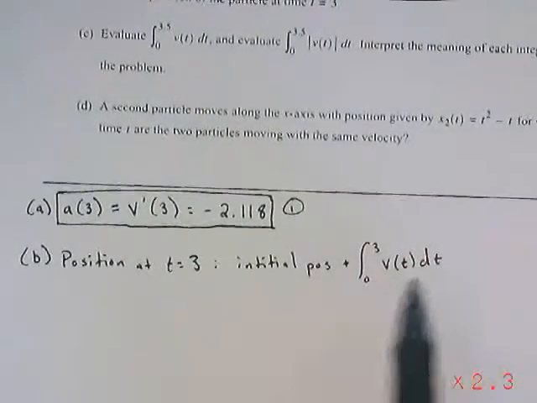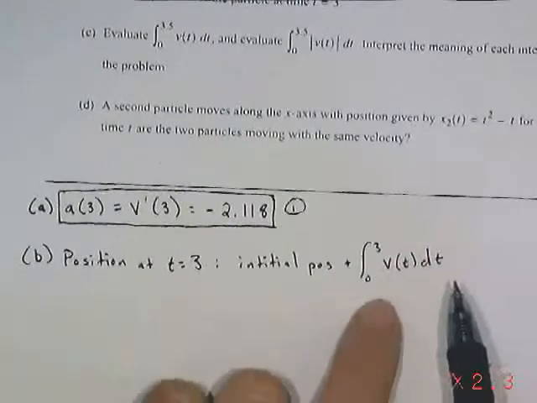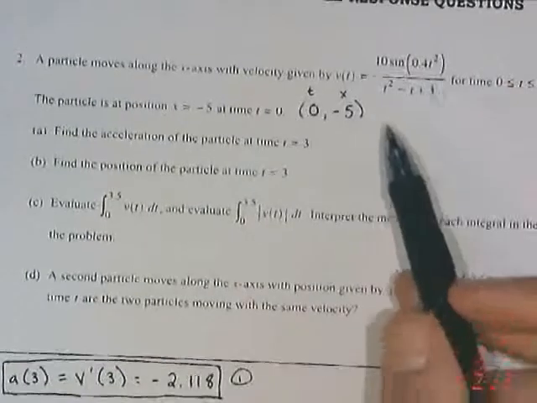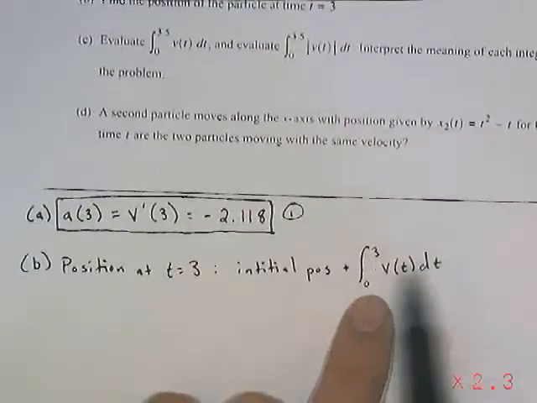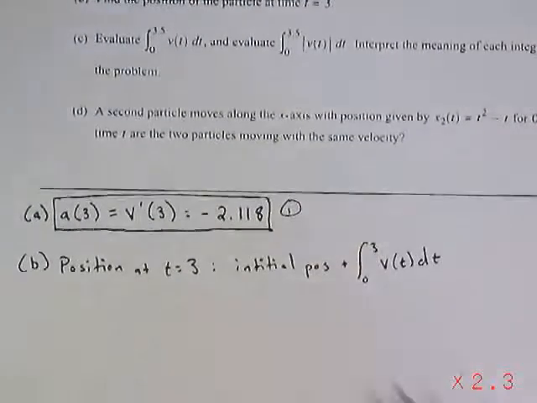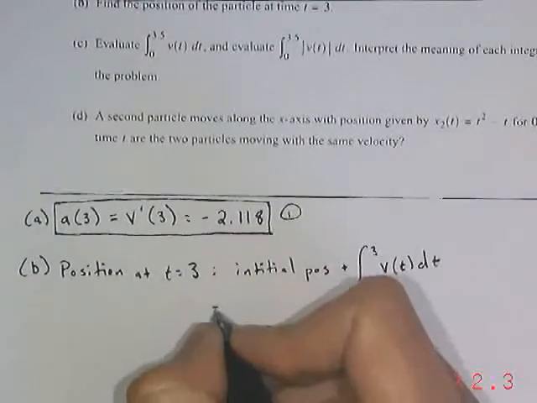Because again, this is going to be the accumulated displacement, the net displacement, if you will, starting at 0 going to 3. Okay, because these are the instantaneous changes. So if we want the total movement, we'll just track those instantaneous velocities. Okay, and so for us, the initial position was negative 5.